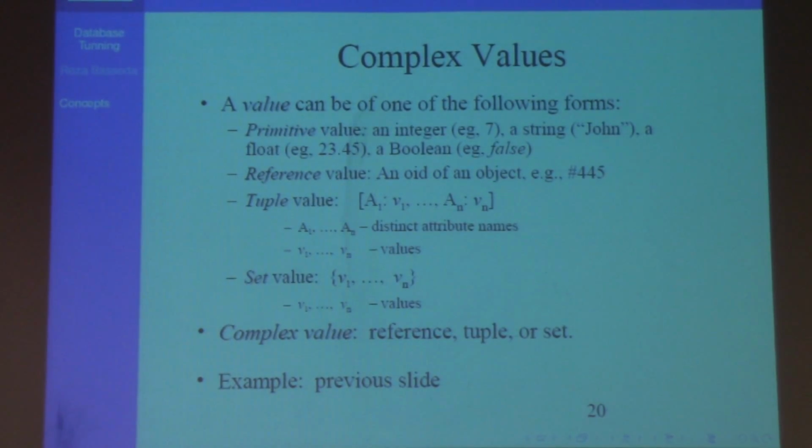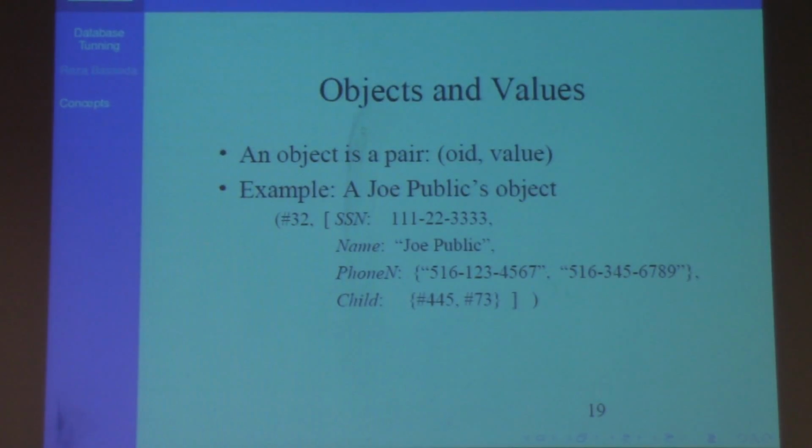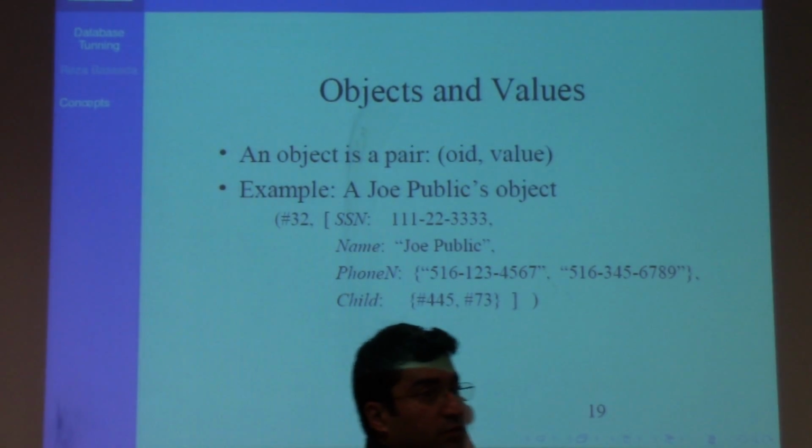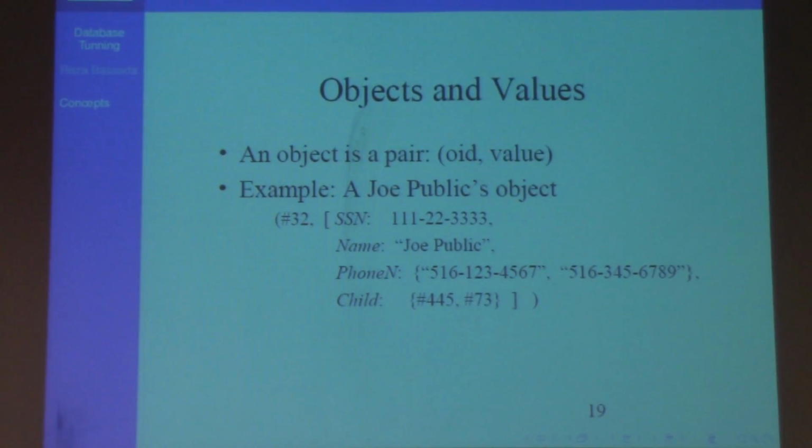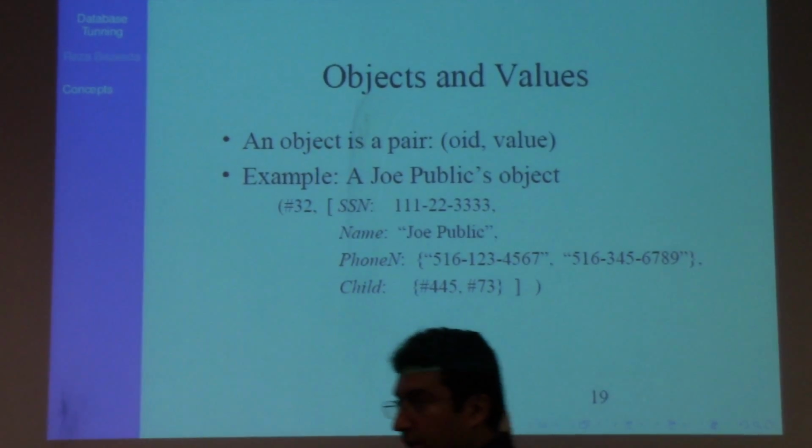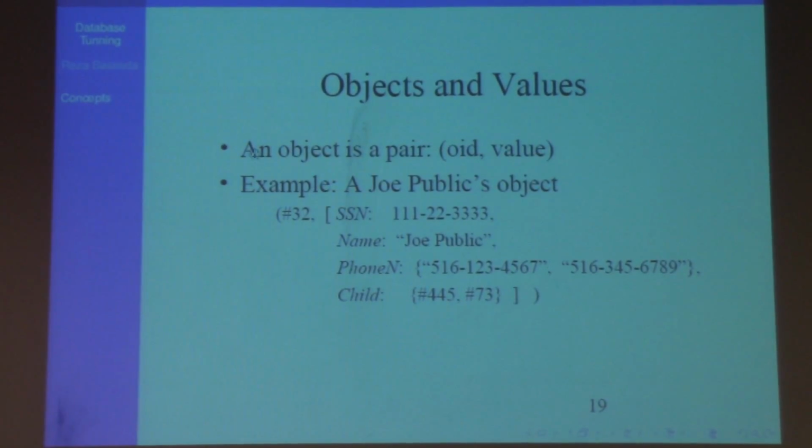In opposition, you can have primitive values, which can be only integer, string, float, or boolean. So this is an example. What is the type of the value of this object? It's a tuple, right?